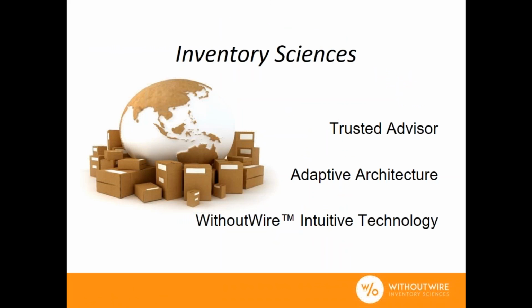But wrapping up here, coming back to where we started, where we talked about those 3 key ingredients. Hopefully you've got a flavor for our abilities and the adaptive architecture of our Microsoft homogeneous product. The WithoutWire intuitive technologies, where you saw how license plates can be used, how barcode acquire can drive efficiency in labeling, utilizing your vendor's barcodes, and how Microsoft Power BI can be customized for your own needs.